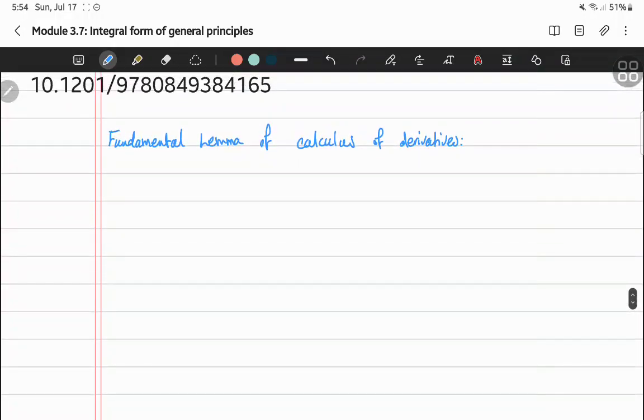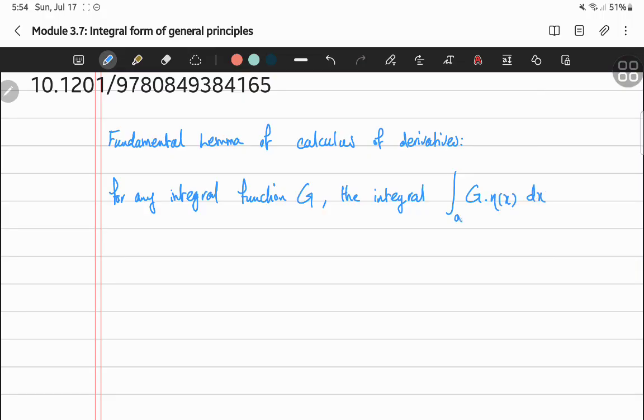So based on this, for any function like g, the integral of g times eta(x) dx from a to b is equal to 0.